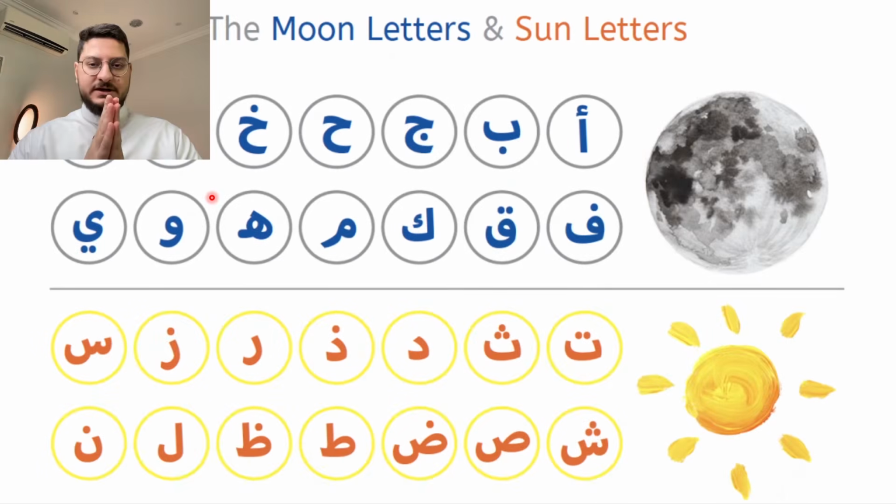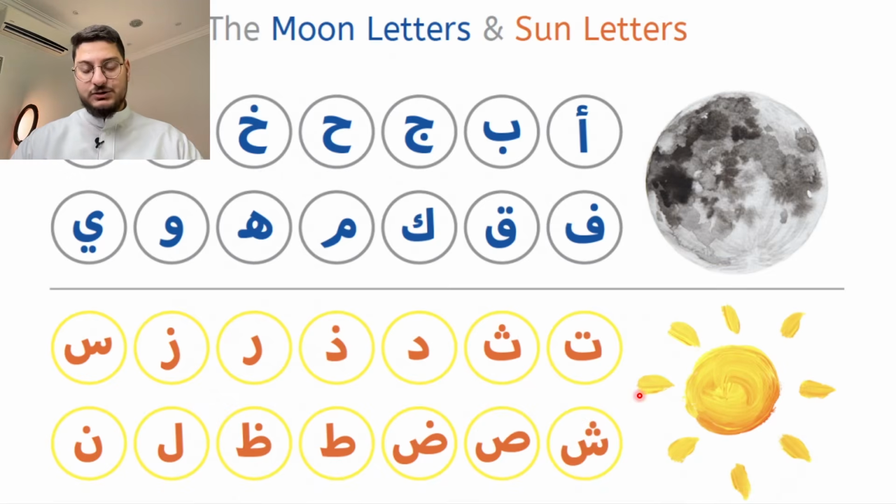We can divide Arabic letters into two groups: moon letters and sun letters. The moon letters are basically letters that don't require any involvement of the tip of the tongue to pronounce them. So for example, I can glue the tip of my tongue and still do a, or ba, ja, ha, kha, gha, etc. I'm not using the tip of my tongue.